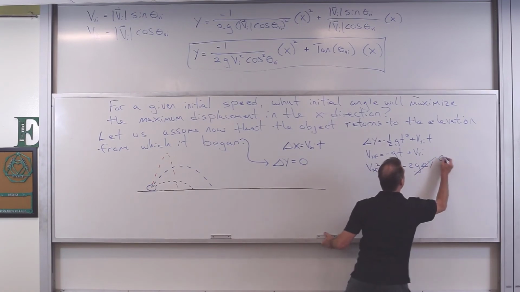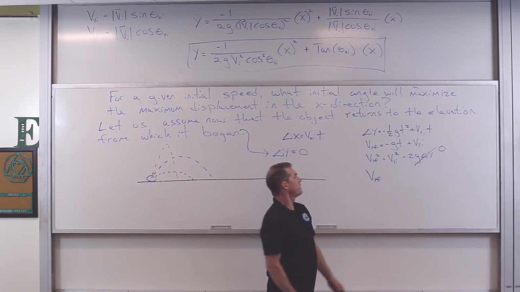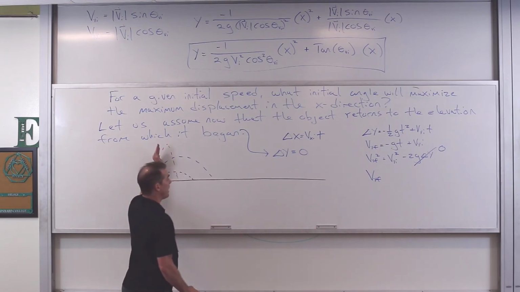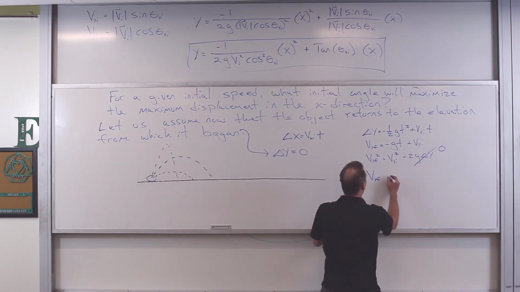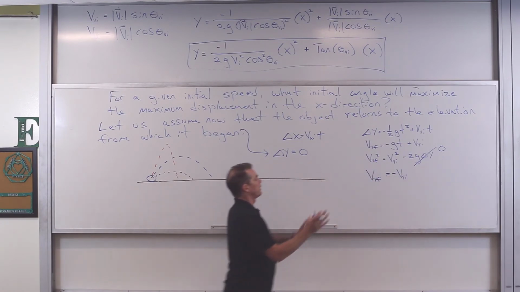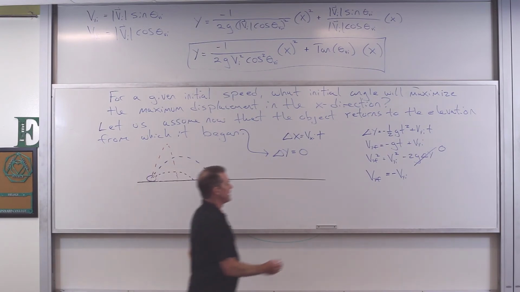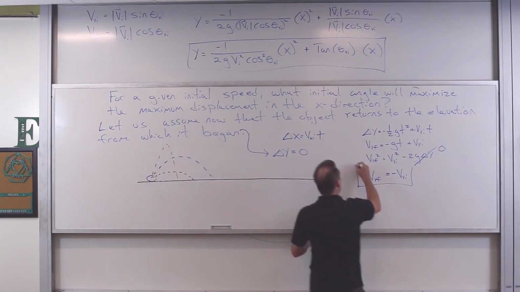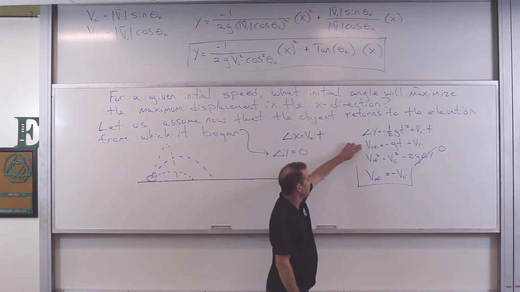With delta y being equal to 0, we've got that vy final is, well, initially it was going up, right? And then finally it's coming back down in the y direction. So we have vy final is equal to negative vy initial. Take the square root of both sides, plus or minus, got to pick the minus. So we've got this. What can we do with that? Well, what happens if we stick that in here?